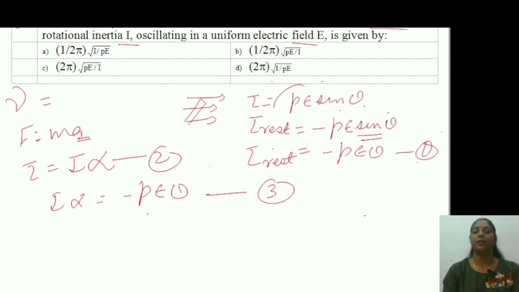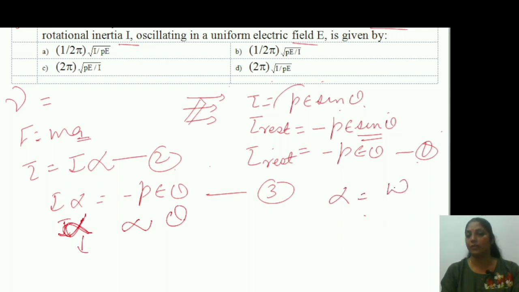Now here you can easily find that this angular acceleration alpha is directly proportional to theta. And you know angular acceleration is what? Omega square theta. Angular acceleration is angular velocity squared into displacement theta.